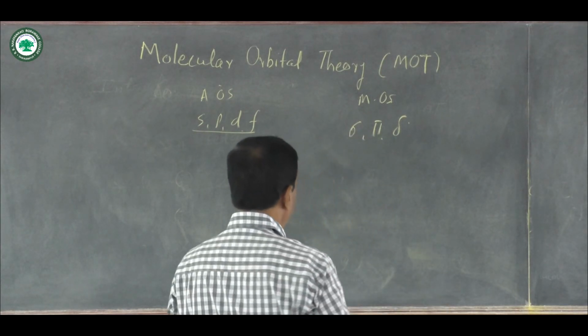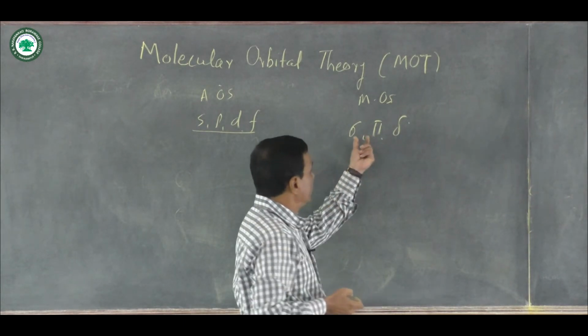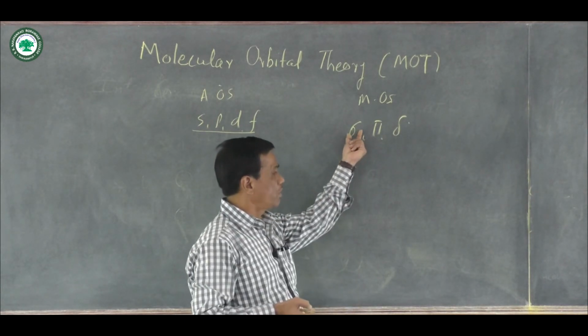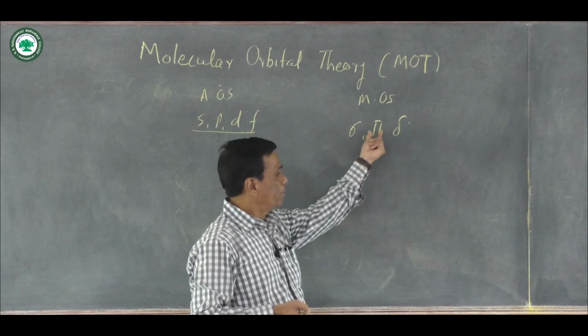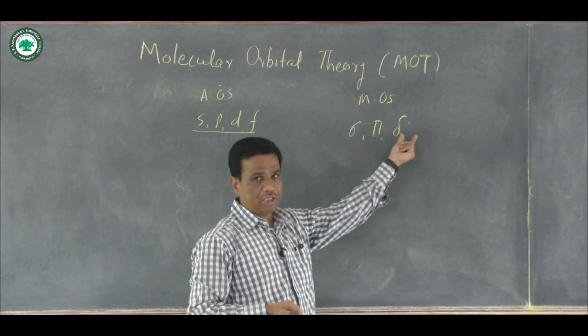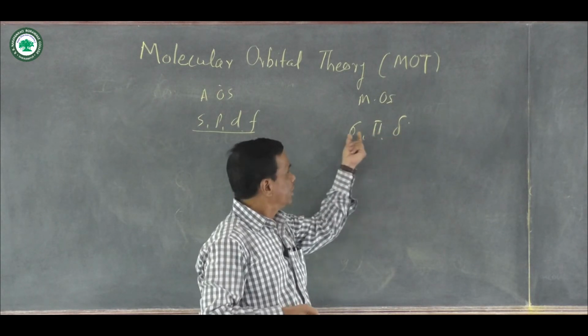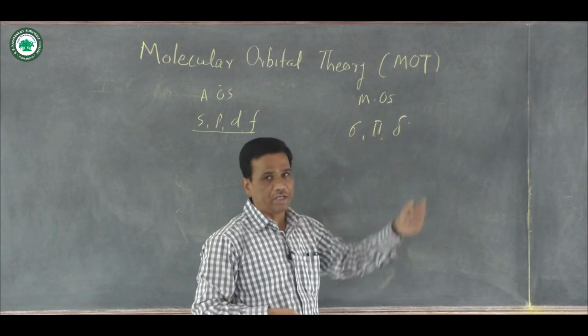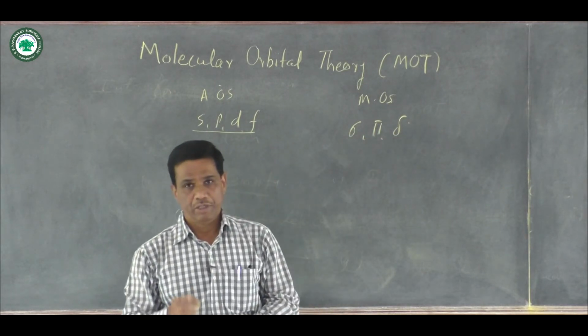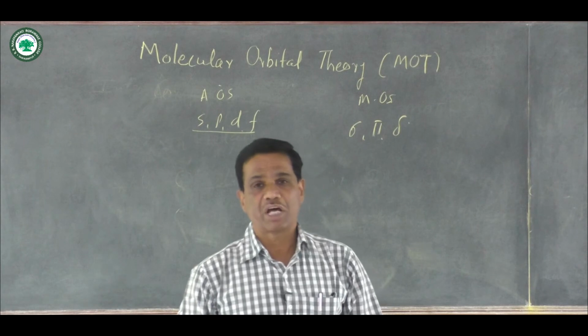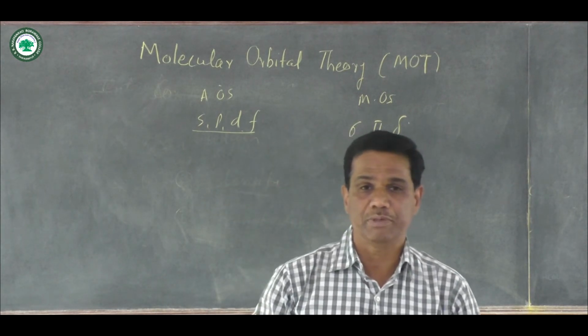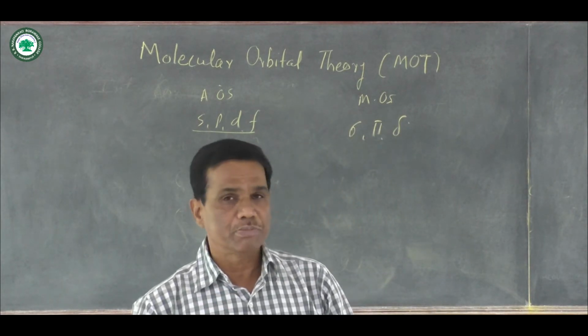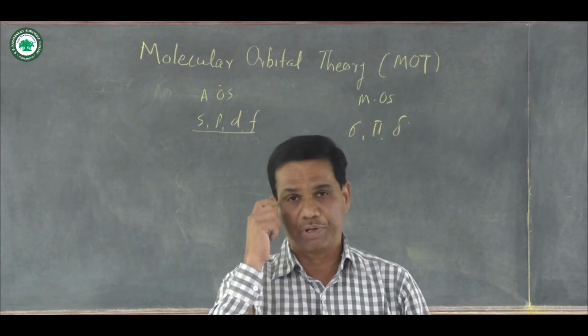But when molecular orbitals are formed, you know that this is sigma molecular orbital, pi molecular orbital, delta molecular orbitals. Here sigma bond, pi bond and delta bonds are formed. Sigma overlap is along the axis and that is the maximum overlap, and you know that sigma bond is a strong bond as compared to the pi bond.